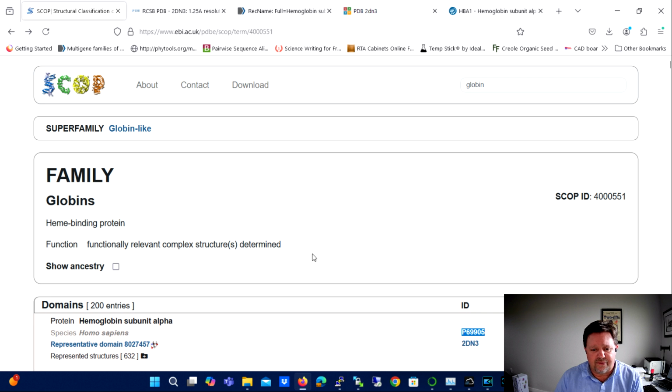But less times will you actually look at the entire protein and try to compare the entire protein. And the reason for this is that those domains sometimes get reshuffled, sometimes they get duplicated. There's all kinds of factors that affect the selective pressures on different parts of a protein.